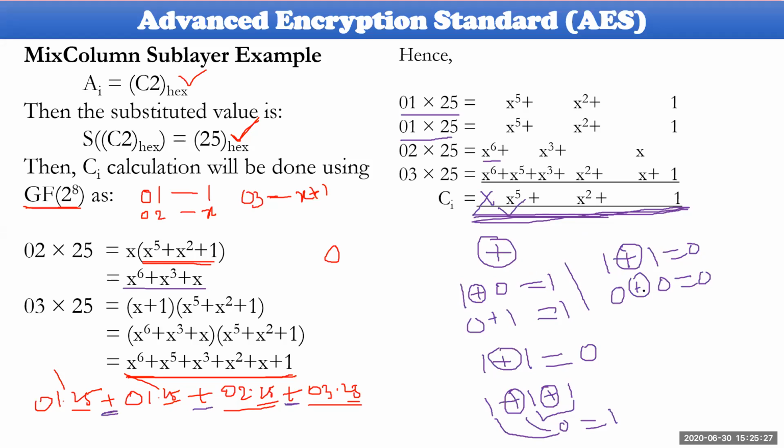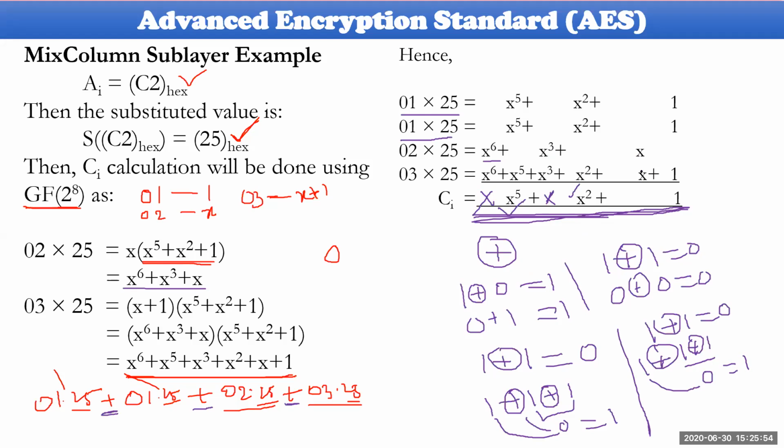Okay, in this way we got x cube. In the sense, here also the same formula: 1 XOR 1 will be equal to 0, so therefore there is no x cube value here. It existed thrice, so 1 XOR 1 XOR 1: these two values will be equal to 0, and 1 XOR 0 will be equal to 1 here, so it gets existed.